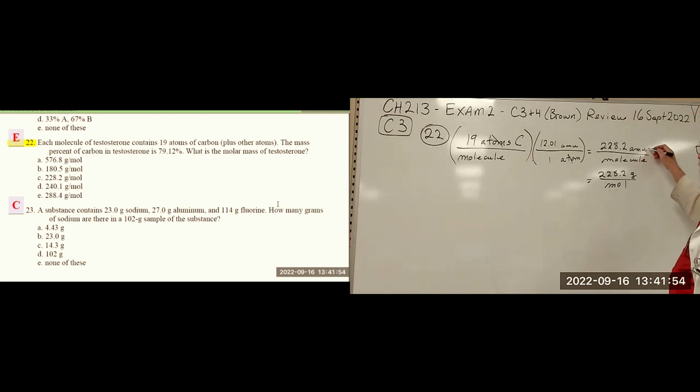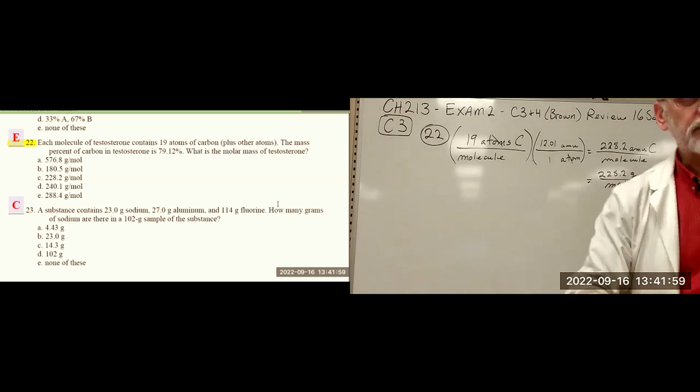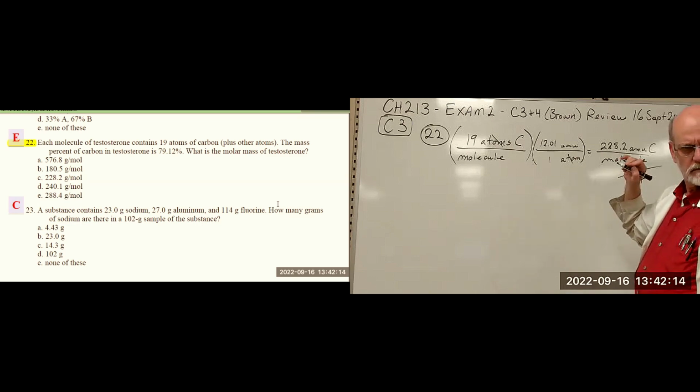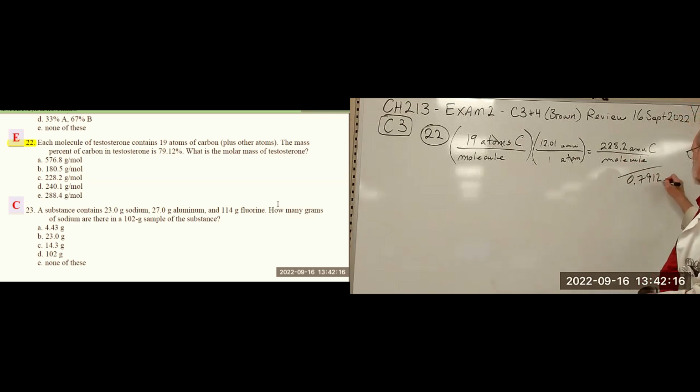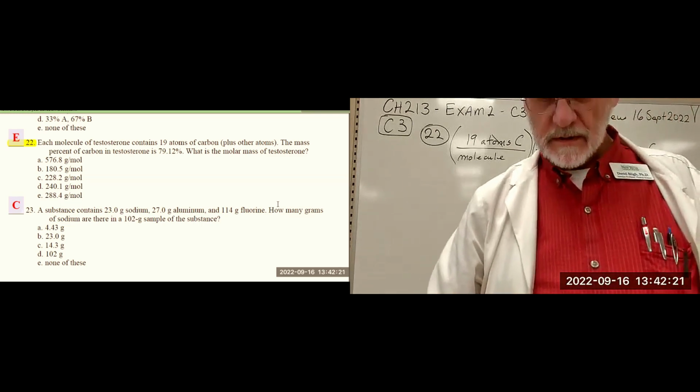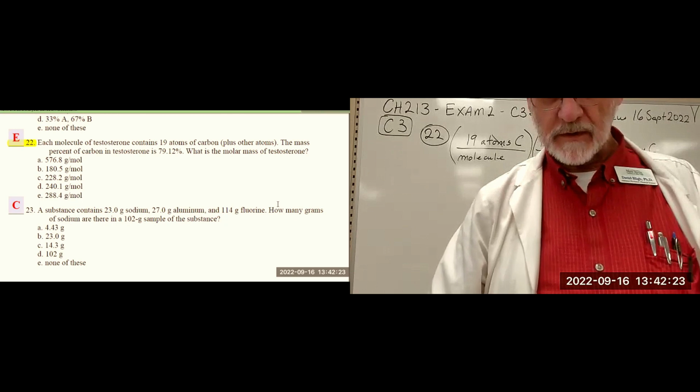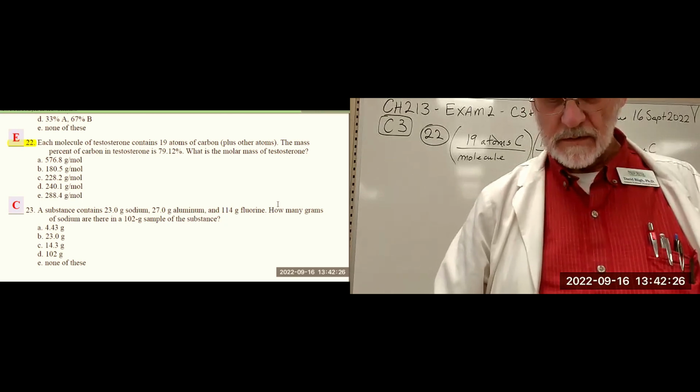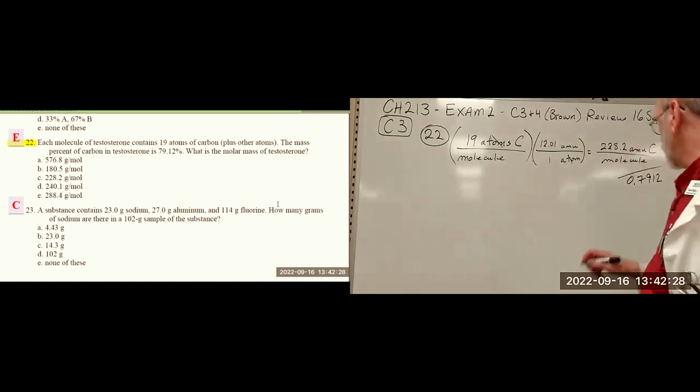This is atomic mass units of carbon in the molecule. That needs to be converted to atomic mass units of the molecule. So we need to divide this by 0.7912. 228.2 divided by 0.7912 is 288.4.